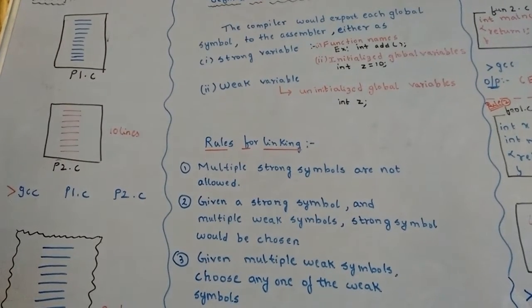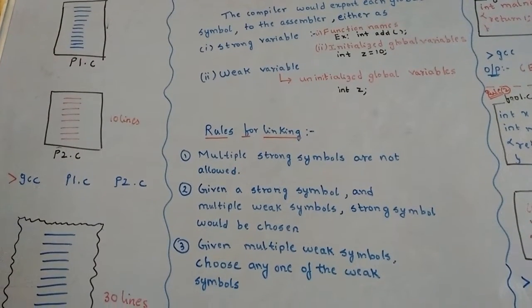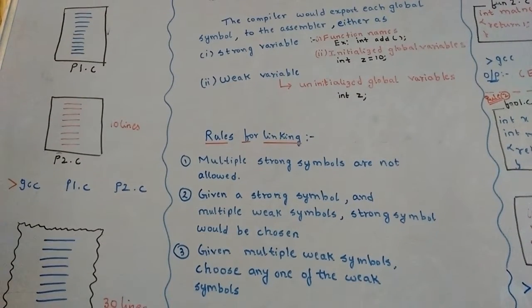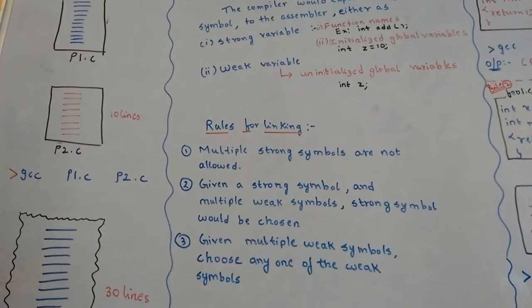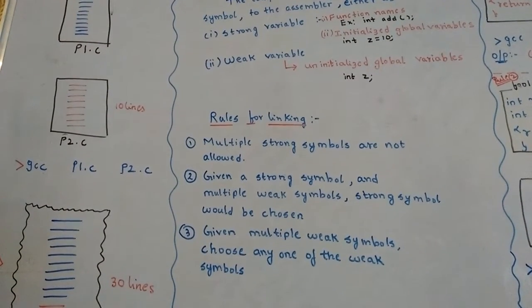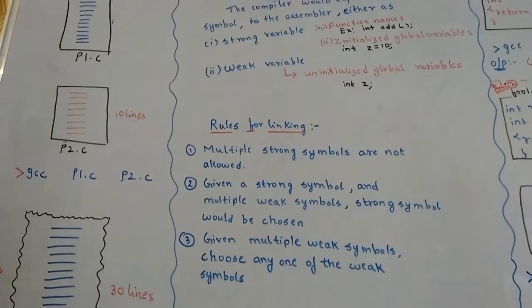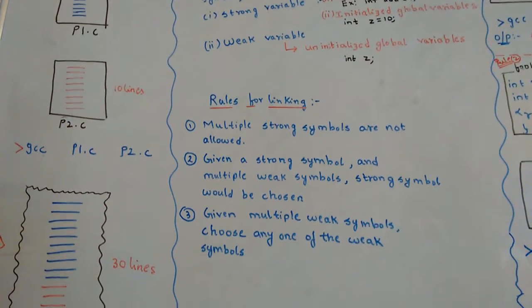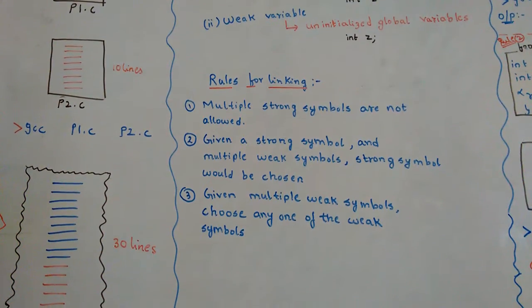I have one program in which maybe I have the main function and some other functions, and I have called it p1.c. And also I have another program which is called p2.c. Say suppose p1.c is 20 lines, and p2.c is 10 lines.